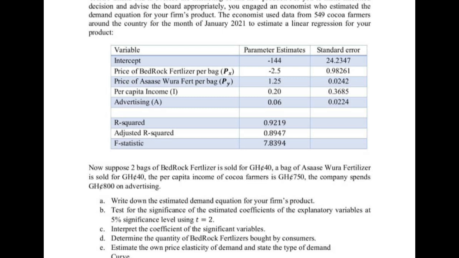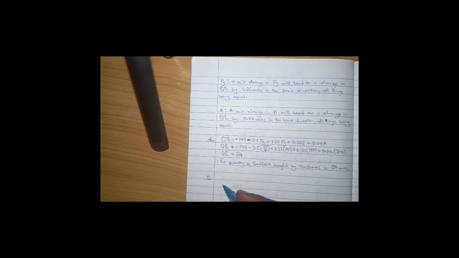Okay, so to do that, you first have to quote the own price elasticity of demand formula, which is OPED equals change in QDX over change in price times price over QDX.